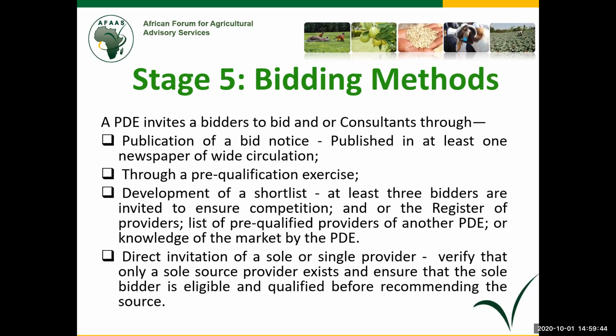For example, we have a register of providers, an official publicity register of providers that can be used, even using some knowledge on the market, where at times people just know who is specialized in printing. They can say graphic system, New Vision, and so on, and look for at least 3 firms, and they compete. Then at times there is direct invitation of a sole or a single provider. It's also acceptable in our methods.